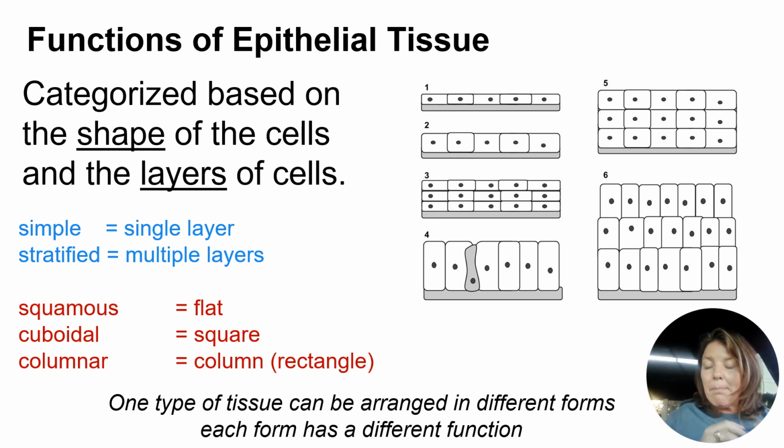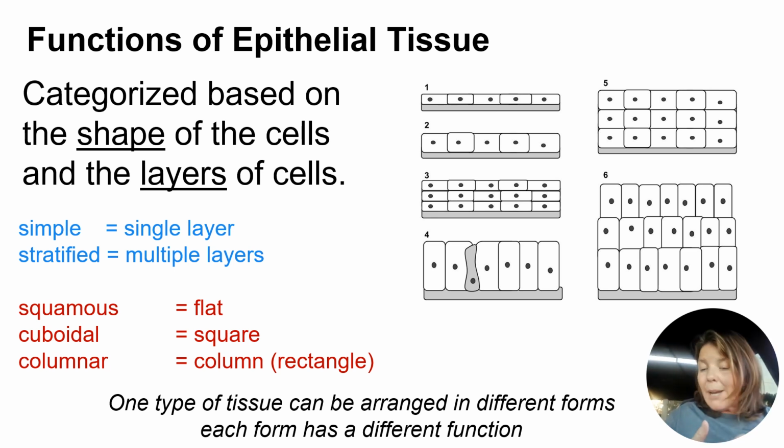We also name them based on the shape of the cells. If the cells are really flat, like you see in number 1, we refer to them as squamous. Number 2 is more cube-shaped, more square-shaped. We call them cuboidal. Number 4 shows us more column-shaped, rectangle shape. We'll call those columnar cells.